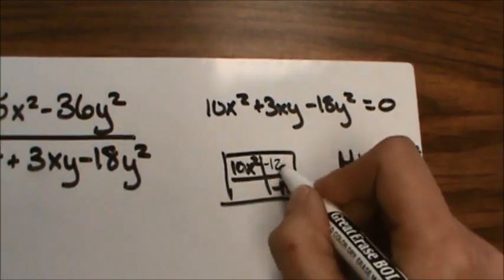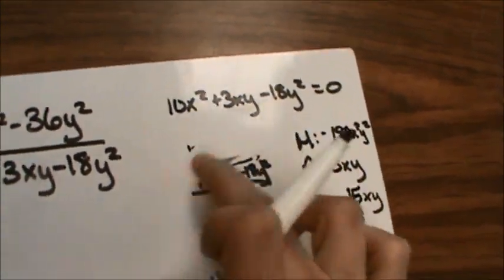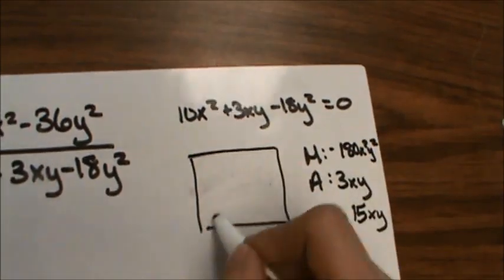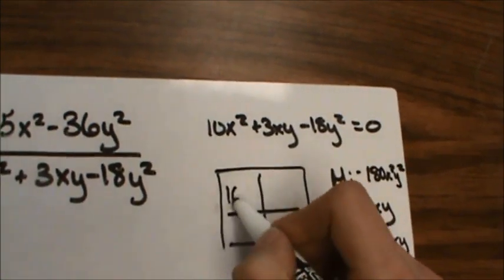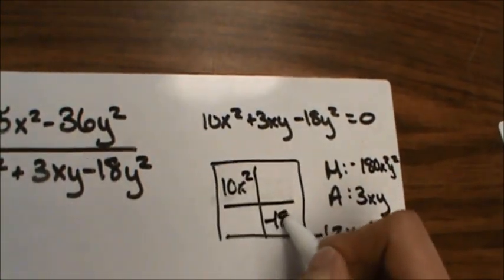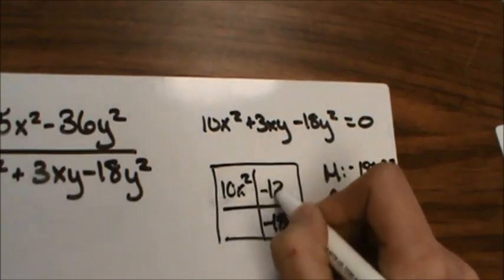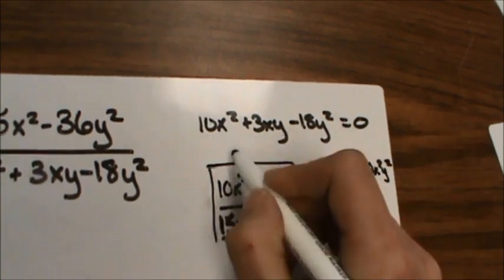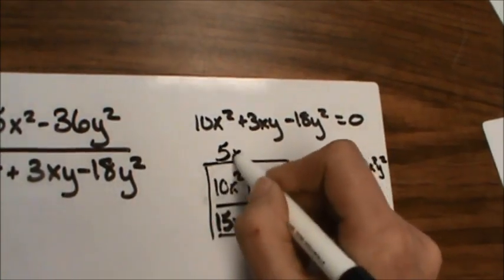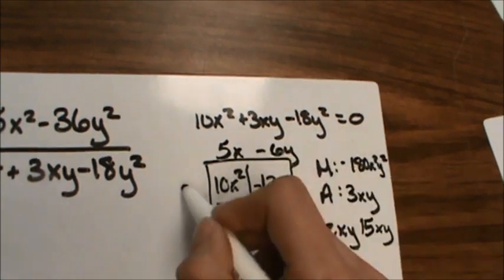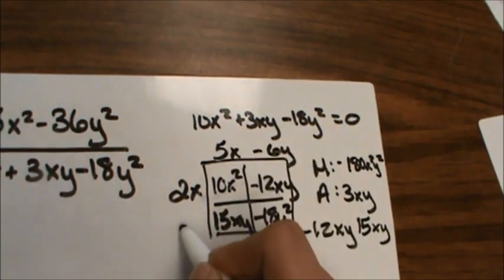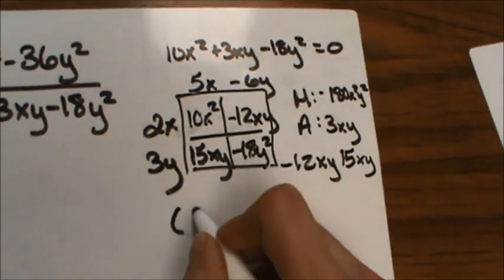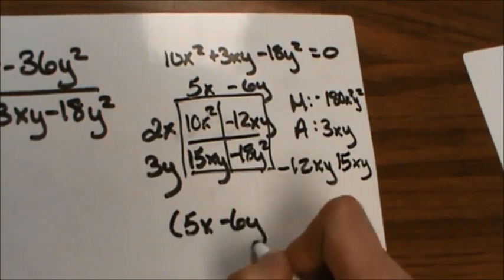Alright, so negative 12xy, oh my goodness, I did not draw a big enough box. Let's try this again. So my final answer is this.